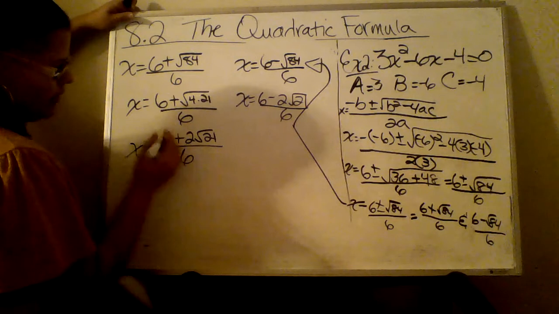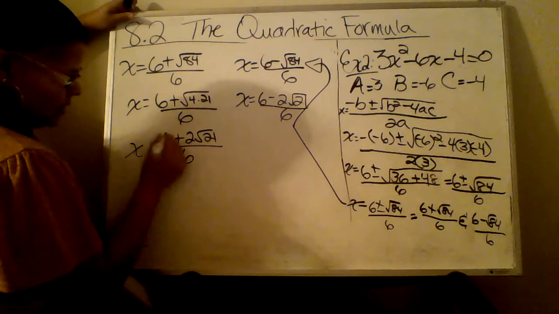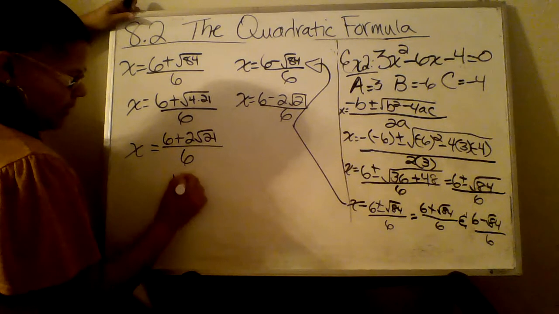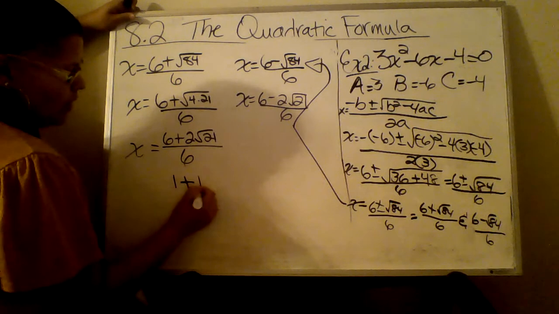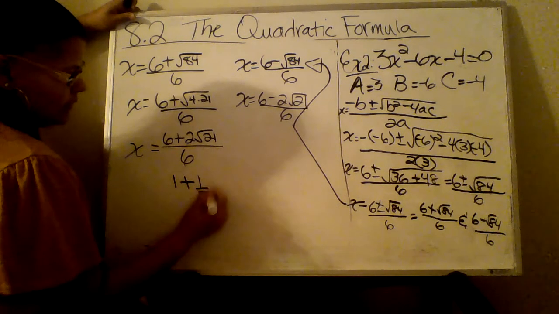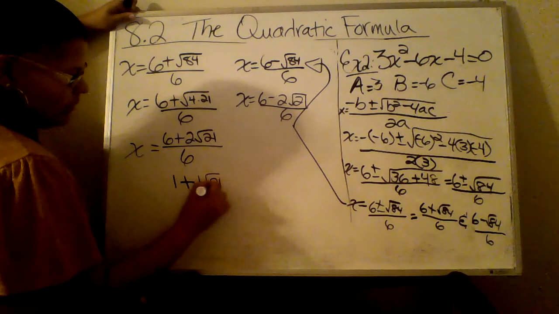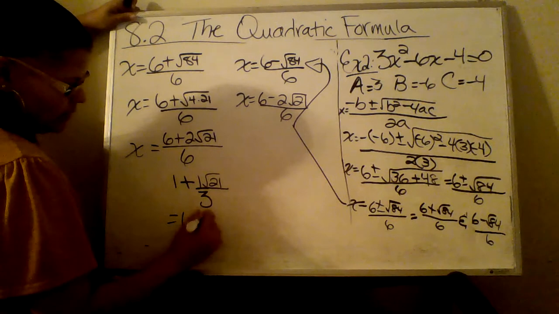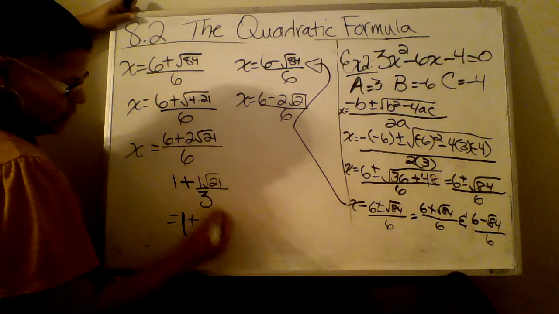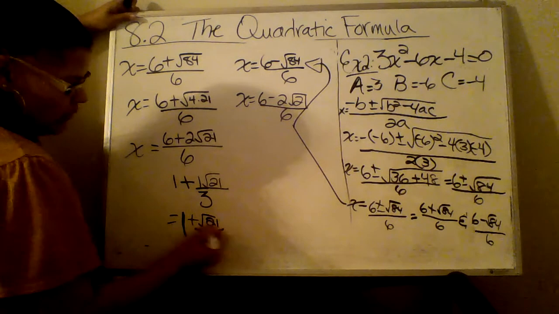So then we have 6 over 6. That's just 1. So we'll split this off. 6 over 6 is just 1, plus 2 over 6, that's 1/3. But then we're left with the radical 21 on top of that. So that's just 1 plus radical 21 over 3.